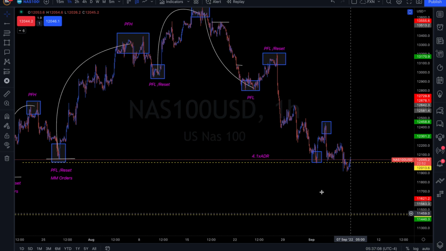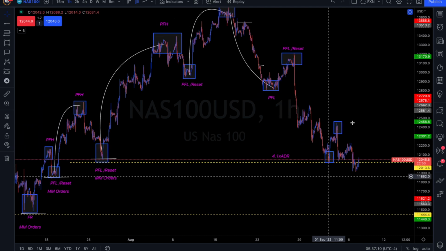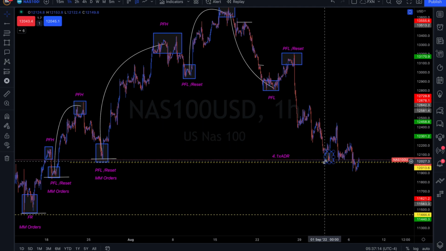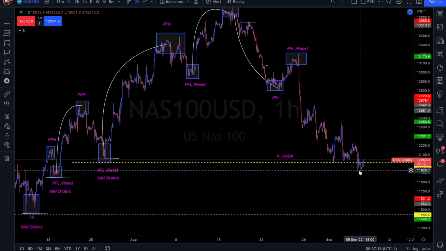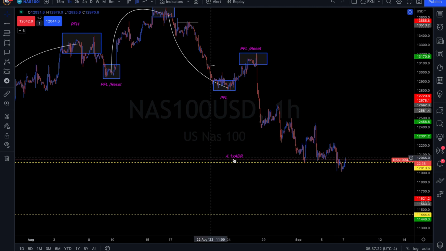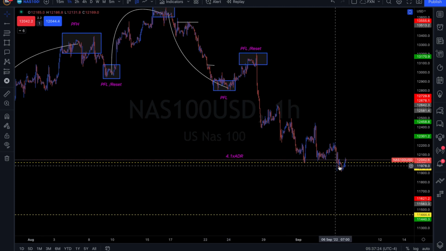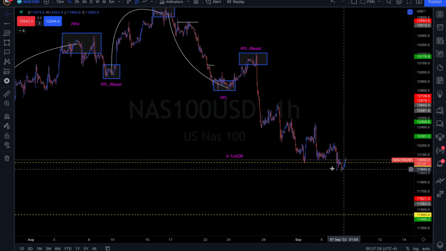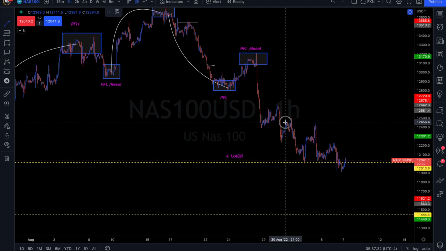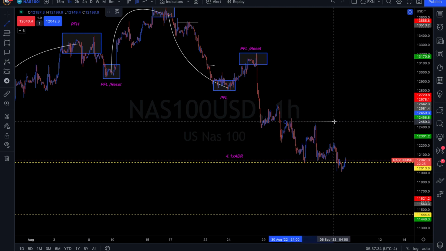If that's not the case, then the other scenario that I would have is essentially for market makers to make a peak formation low here, right where price action is. We're already at 4.1, so we can't really go any lower. Make a new peak formation low here, go back up, and go ahead and retest this area right here.